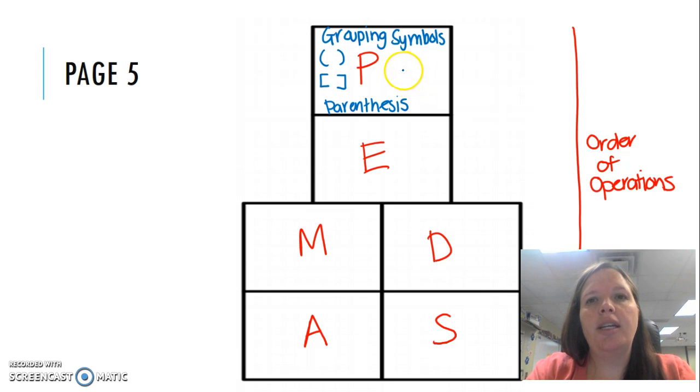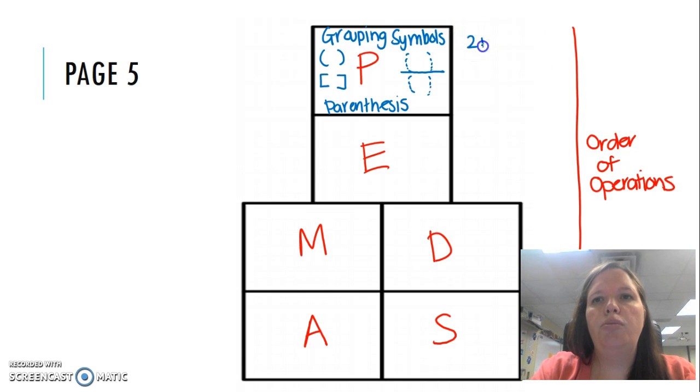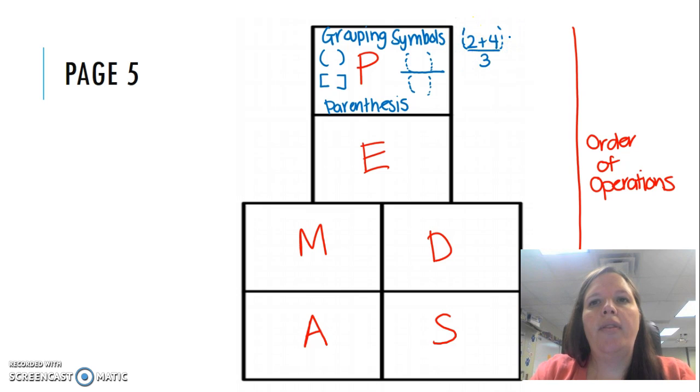And one place I'm thinking of is in a fraction, you actually have grouping symbols around the numerator, and so I'm going to put these as dashed because you want to kind of think of them or add them in yourself. They're not necessarily going to be there, but they're grouping symbols around the numerator and denominator of fractions. So if it was something like 2 plus 4 over 3, there's actually these invisible grouping symbols around the numerator that tell you that that's where you should focus your energy first.